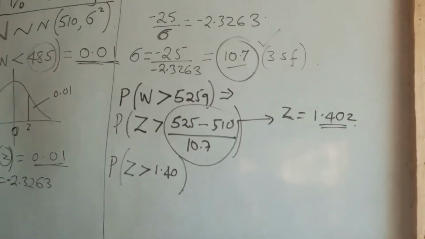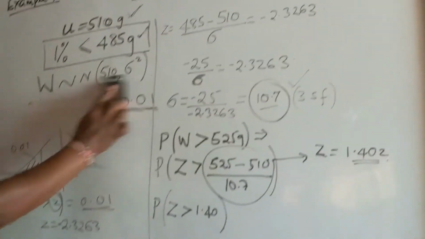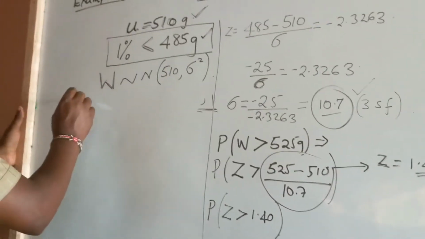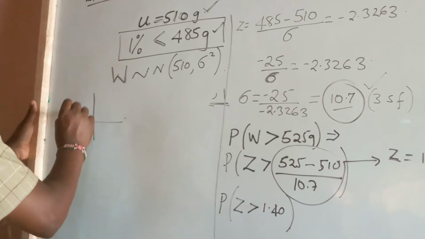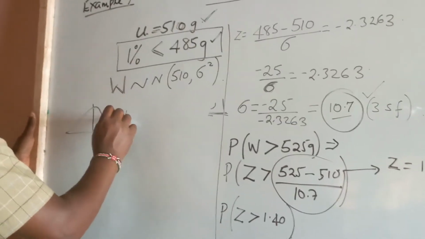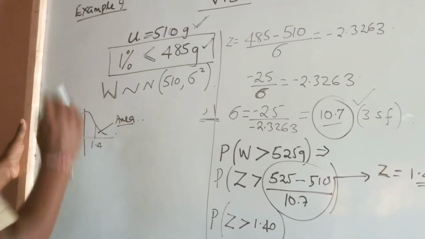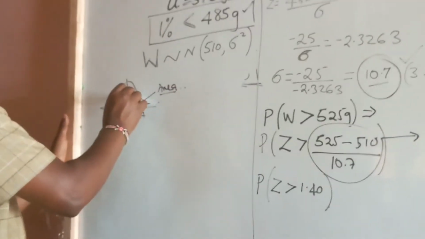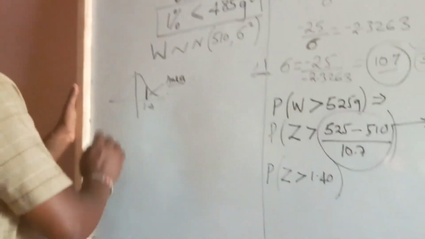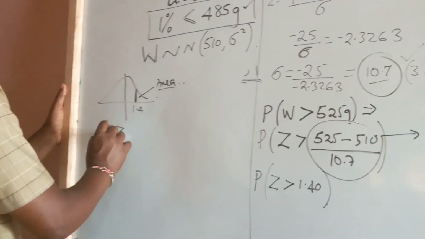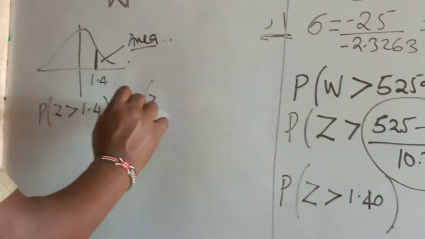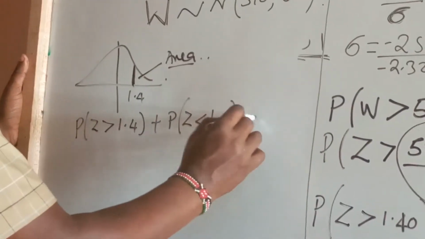But from the way we have been used to working out these questions, it is important to have a model that talks of 1.4, and this is the region we are looking for. This is the area we are looking for. Fine. The probability of Z greater than 1.4 plus the probability of Z less than 1.4 gives us 1.